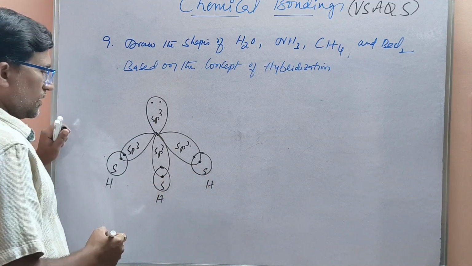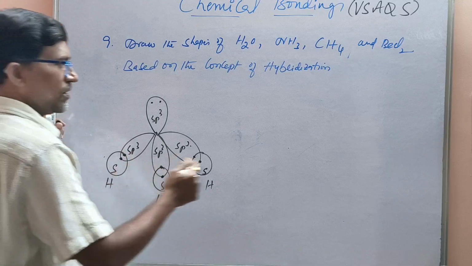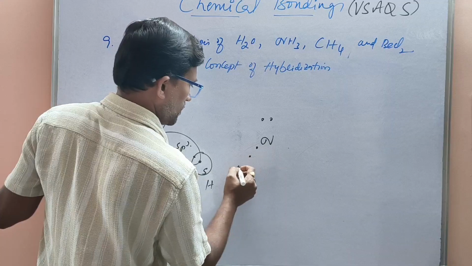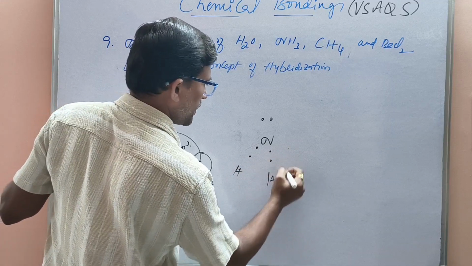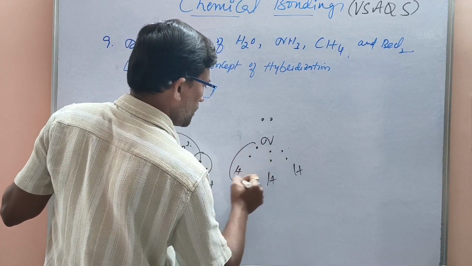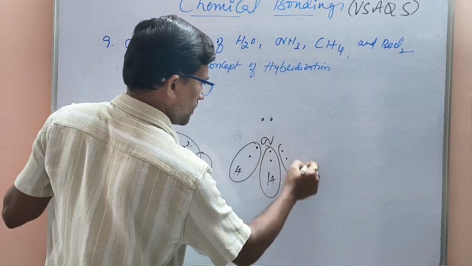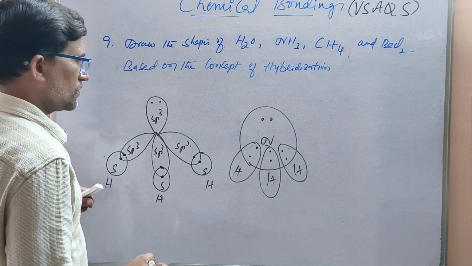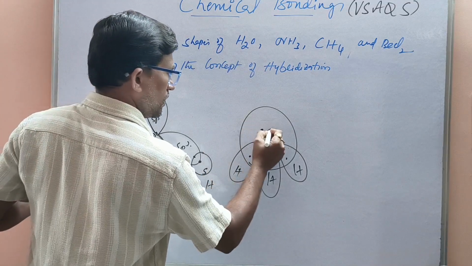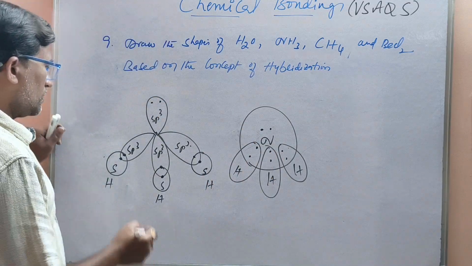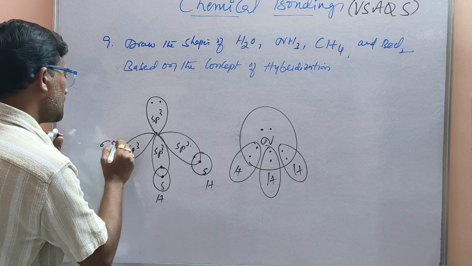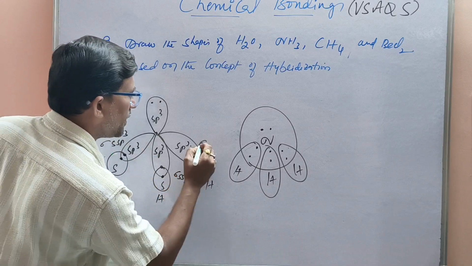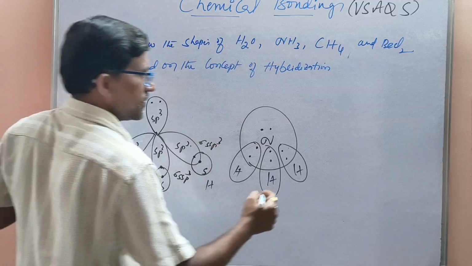S orbital, S orbital, hydrogen. Here lone pair, hydrogen. Okay, so here lone pair. Now here sigma S sp3, sigma S sp3 and sigma S sp3 are overlapping.